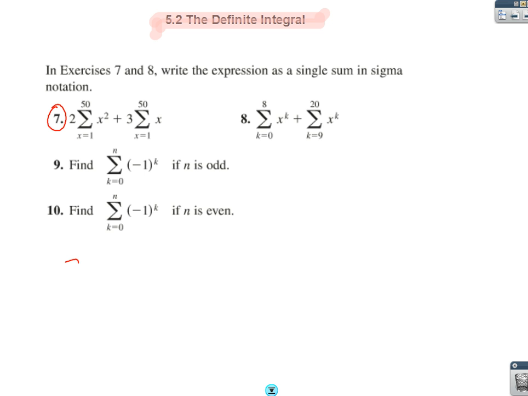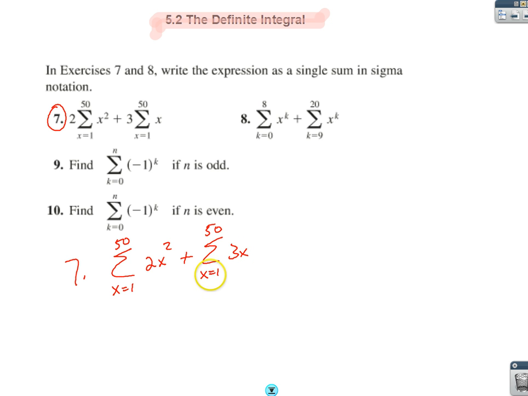And on top of that, the 2 that's on the outside can be distributed in. So I can rewrite this as sigma of x equals 1 to 50 of 2x squared plus sigma of x equals 1 to 50 of 3x.